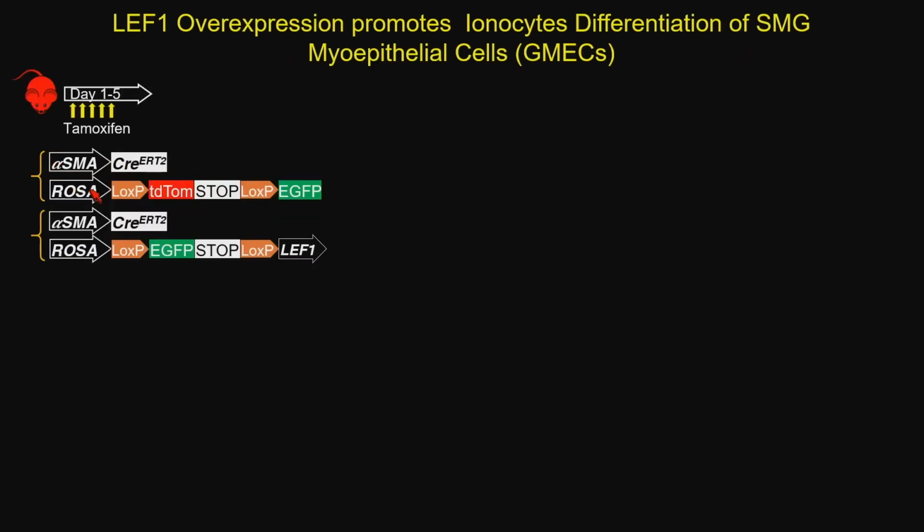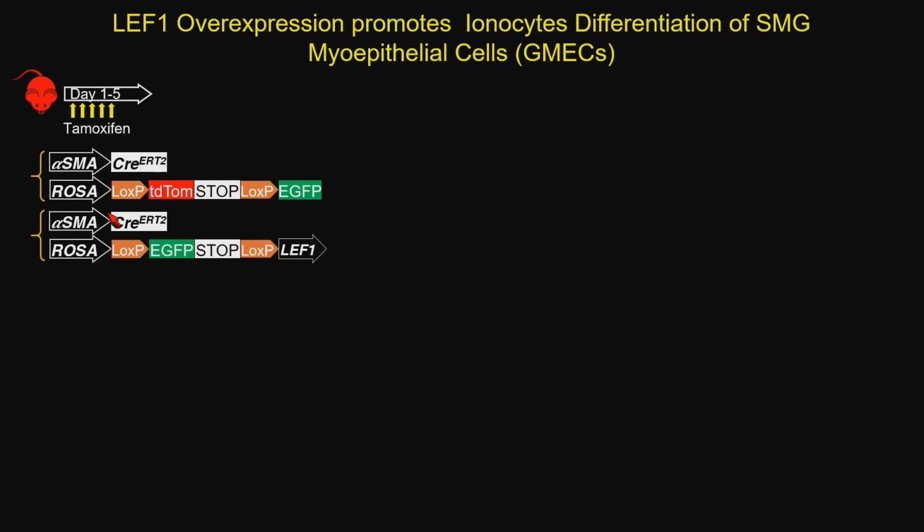the alpha SMA CRE-ERT2 driver, and within the airway epithelium, this transgenic mouse model will only express CRE in myoepithelial cells.